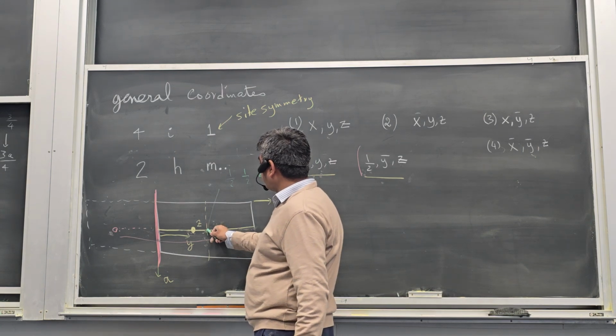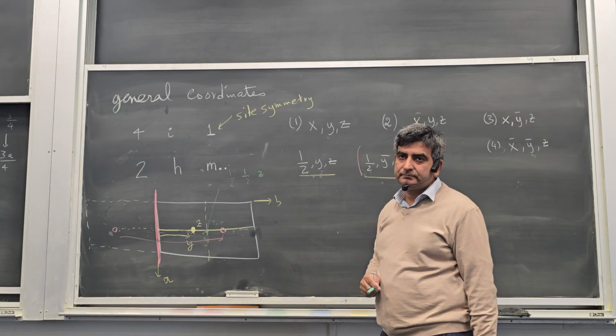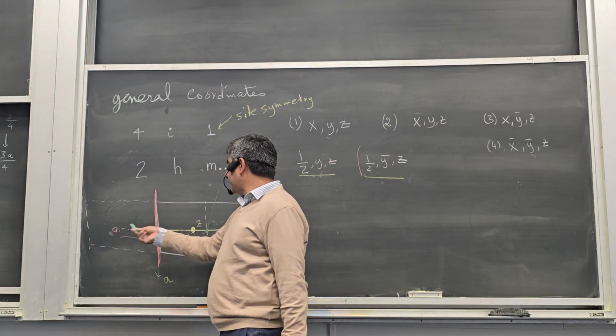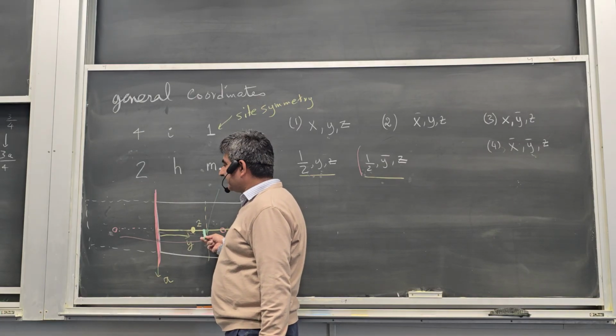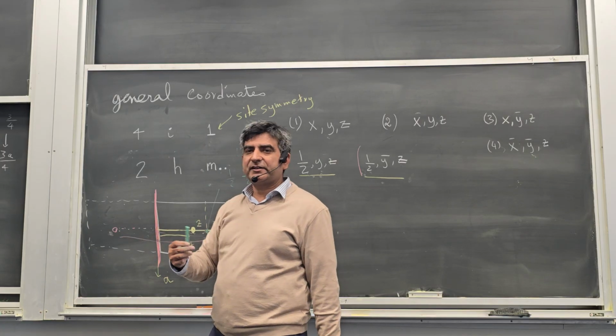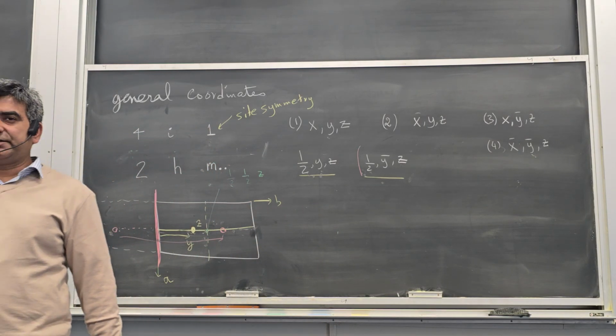So this point, what counterpart does it have? Here? But that's the same as this, because this is exactly in the middle. So this is connected to this by unit translation vector. So unit translation vectors are excluded from the symmetry operation because we know that this is a crystal lattice and this must be there.